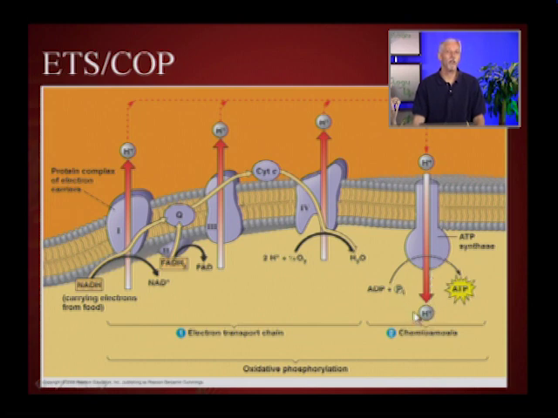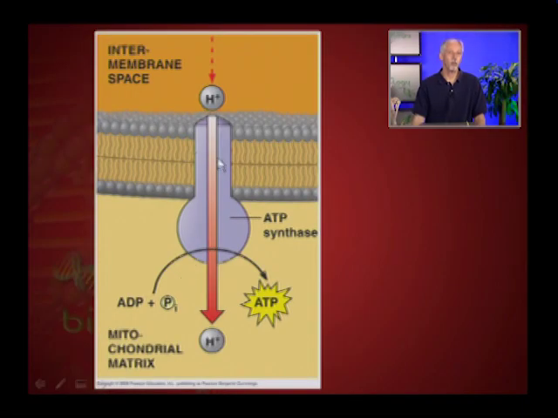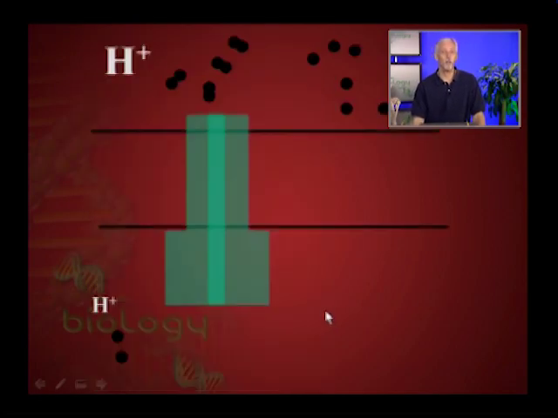And as they move through, the ATP synthase will have bound ADP and phosphate, and that will cause this ATP synthase to change shape in a way such that the ADP and the phosphate are put together to generate ATP. So again, here's a close-up of the ATP synthase. Protons move through, ATP is generated. And so this is chemiosmotic phosphorylation, also known as oxidative phosphorylation.